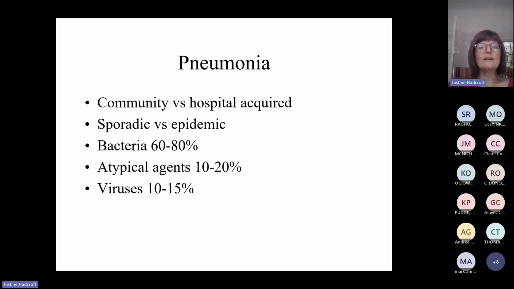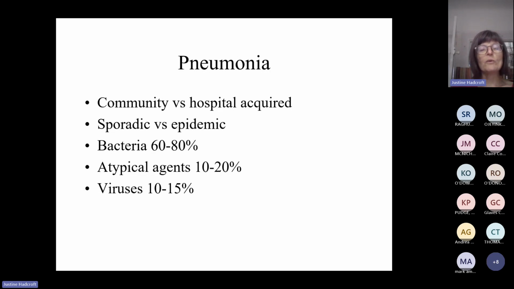We can talk about sporadic versus epidemic. So sporadic is essentially the pneumonia that we tend to see every so often in a patient, as opposed to a massive outbreak. We've all lived through an epidemic pneumonia, haven't we? Three years ago, caused by virus, by which I mean COVID, in case you needed me to spell that out.